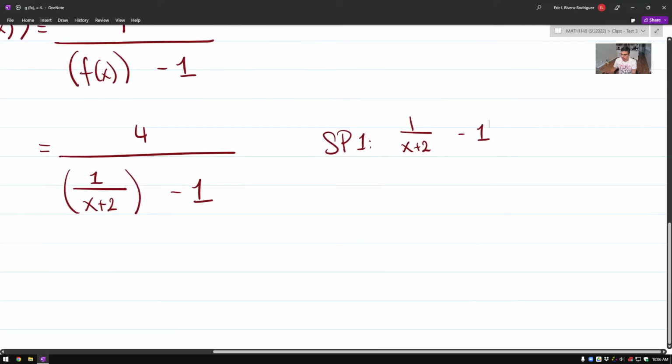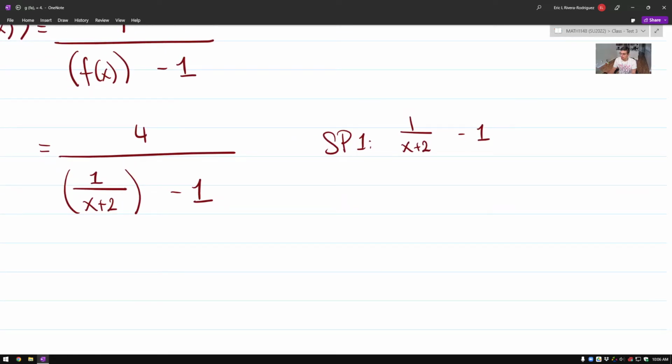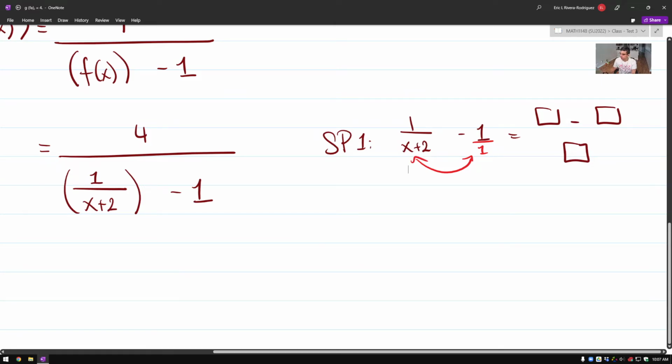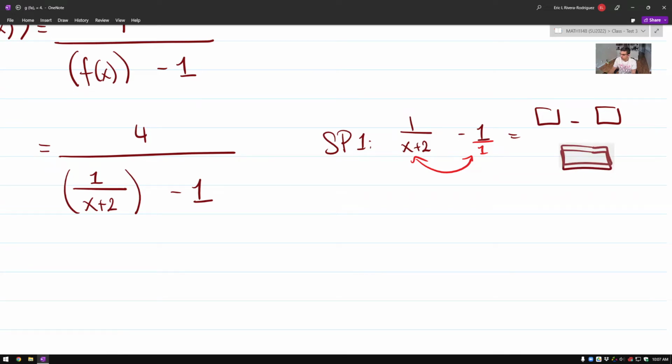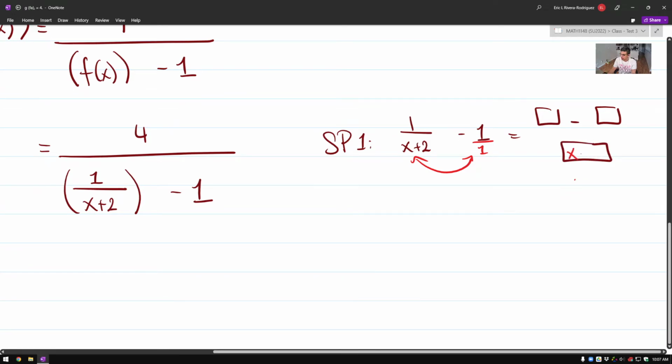Okay, so let's solve this. We can do our phase here. This phase will have a negative, and then we know that here is a 1. We multiply these two together, so we get x plus 1 as the denominator.